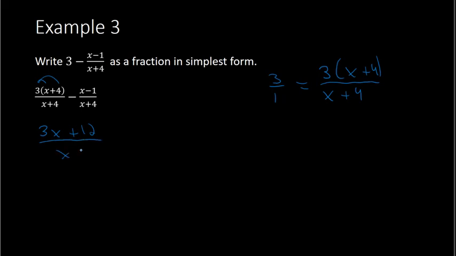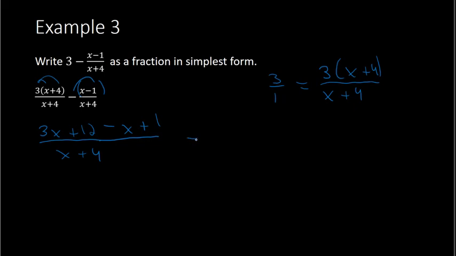over x plus 4. Then we subtract the x minus 1. Let's just do that here in one step. So you're subtracting the entire thing. You're subtracting an x. So subtract x, and you're subtracting a negative 1, which would be a plus 1. So be careful with that last term. You subtract the negative, which makes a positive 1.